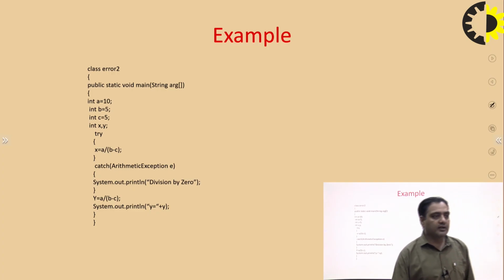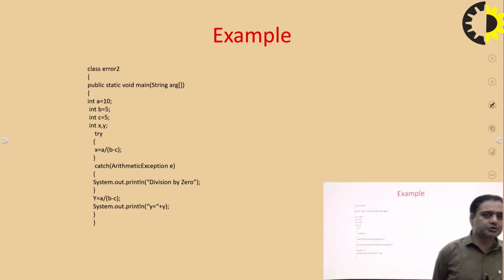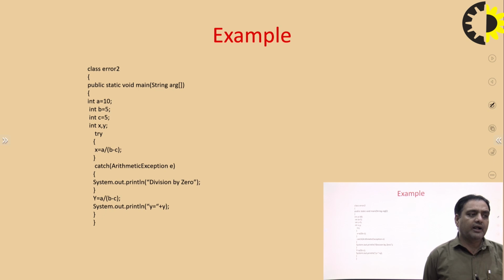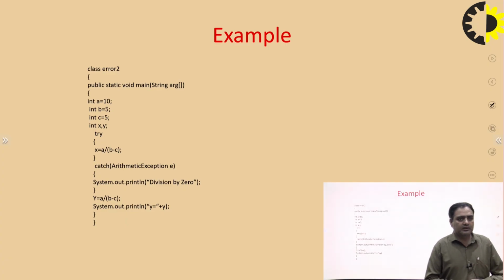So the code is written within the try block, and the exception which is generated belongs to the class of ArithmeticException. This exception, which is in the form of an object, is handled by the catch block.